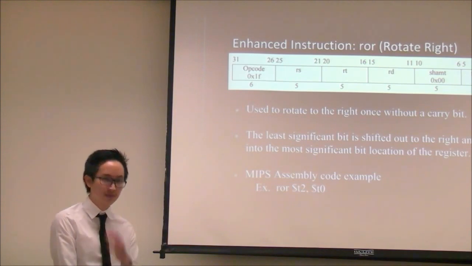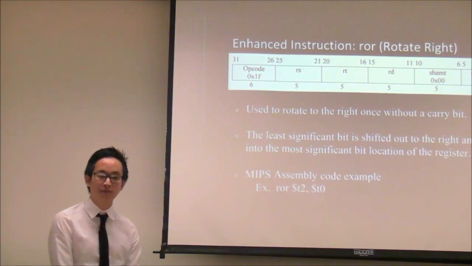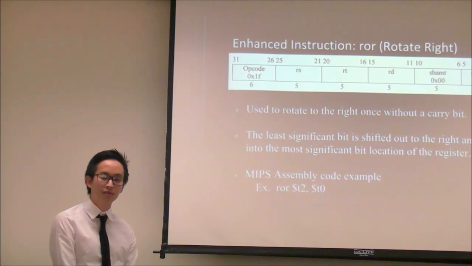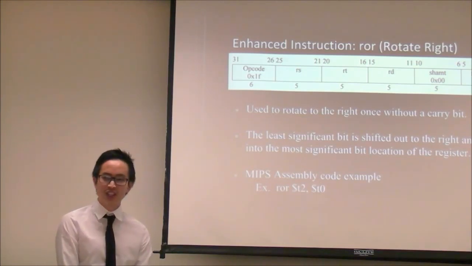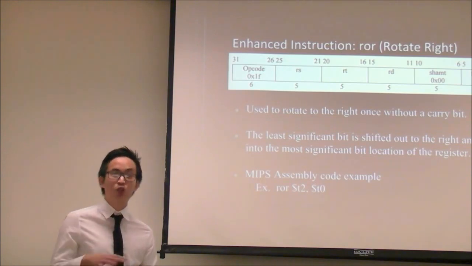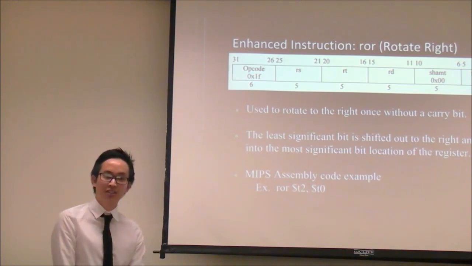For the other baseline MIPS shifts, logical shifts and arithmetic shifts, did you do a barrel shifter? Because you indicated you could include the shift amount there to the ALU. Yes, we did include a shift by amount, but we weren't sure if it was actually a true barrel shifter. So you just implemented something in Verilog? Yes. And how did you do that?